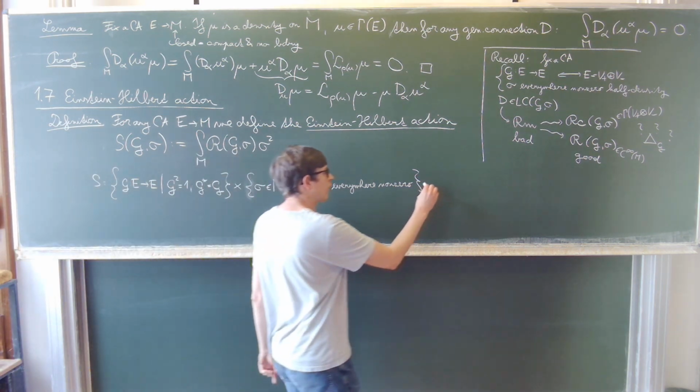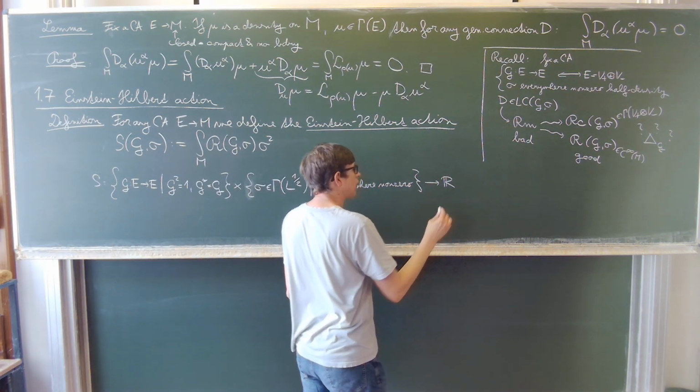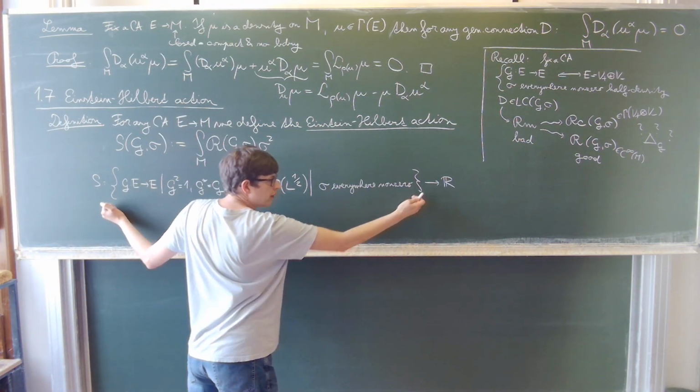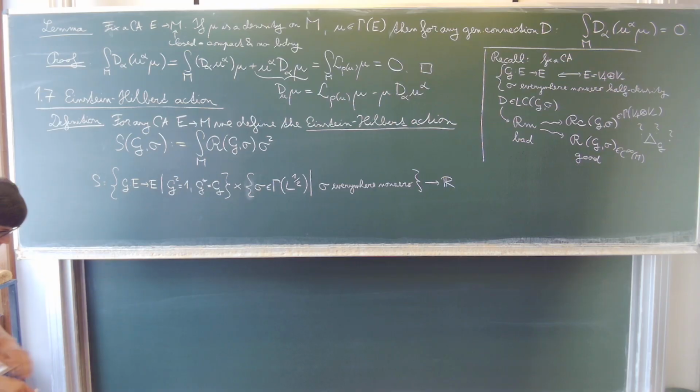But this S, it's just a set. No extra structure, we don't care. Well, yes and no. As I mentioned, it's just a set. But later on we will also see that it's a sort of big manifold.